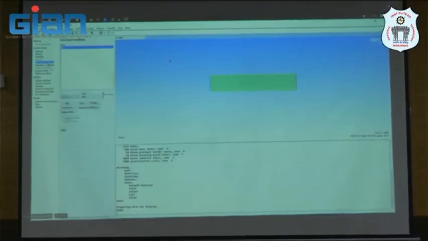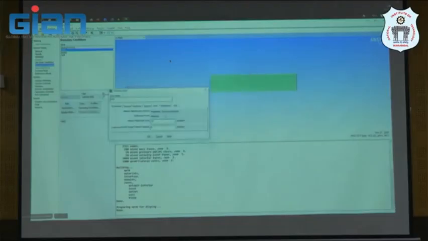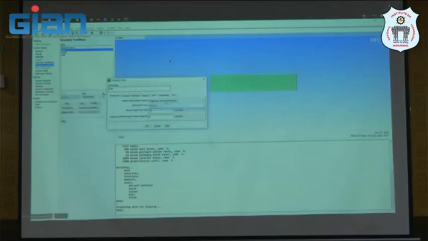And then the most important is the boundary condition. In the inlet, we set the value as 10 meter per second. Also, we can use this menu.